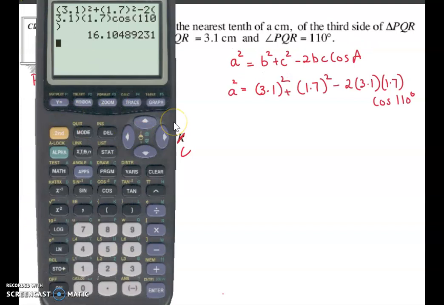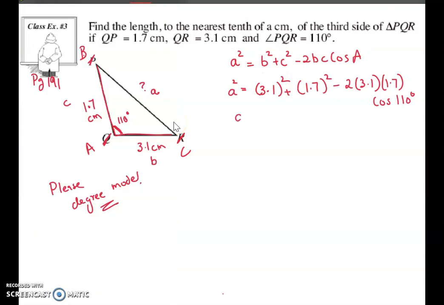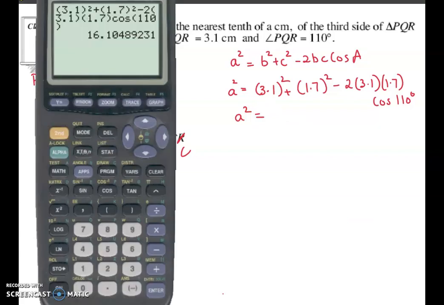Okay, so what you do get there is A squared equals 16.10489, and so on. So I'm going to keep at least 4 decimal places.